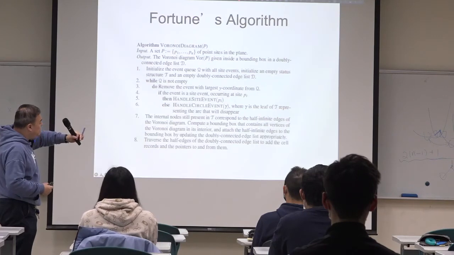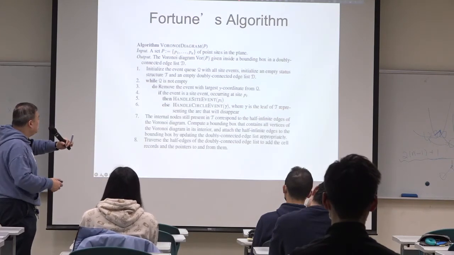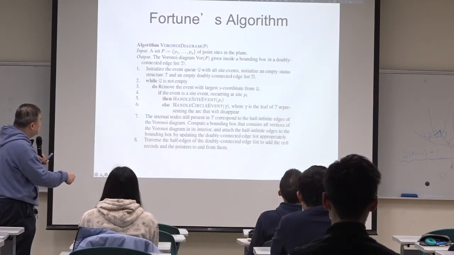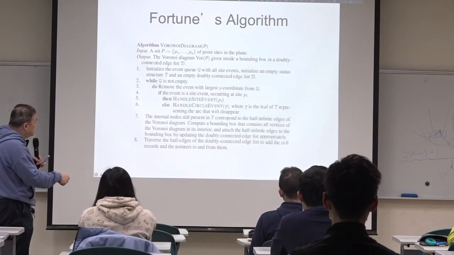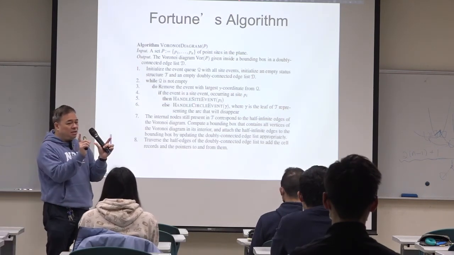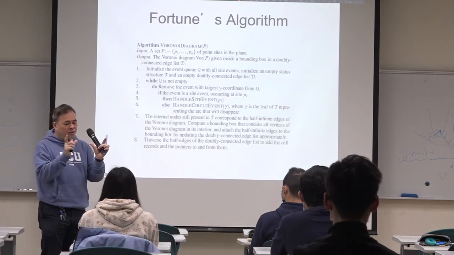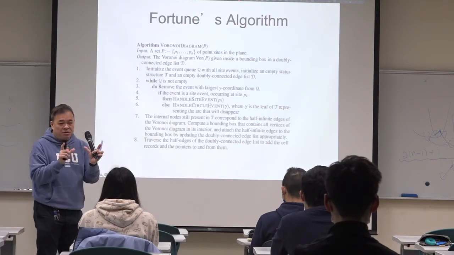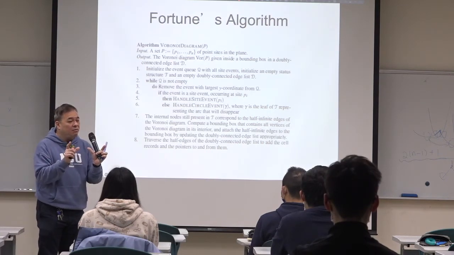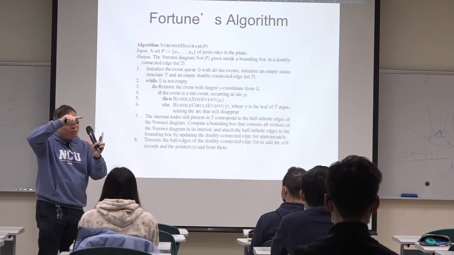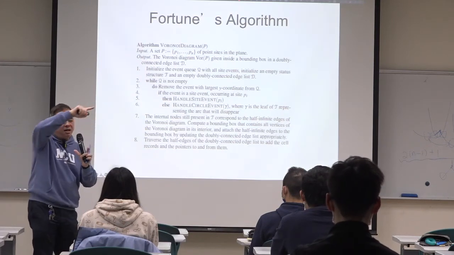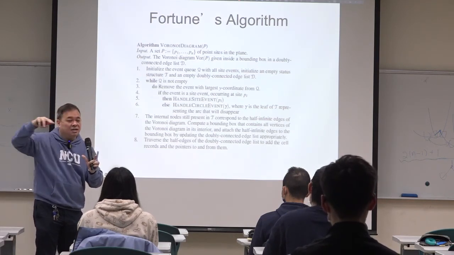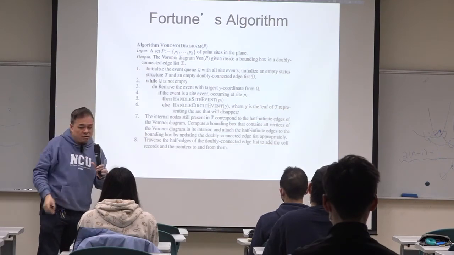Every time we encounter a site, we need to handle the site event, and every time we handle a site event, we need to insert additional circle event points into the event queue, because once we have a new site and new arc, we may need to consider the new 3 consecutive arcs and insert those into the event queue.